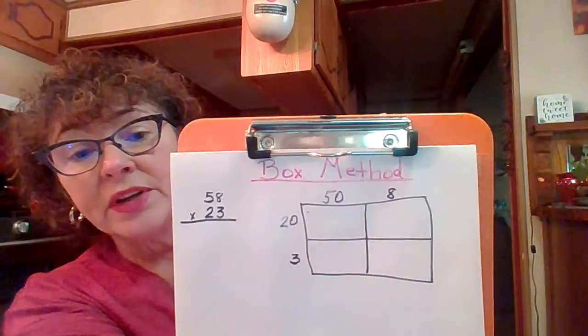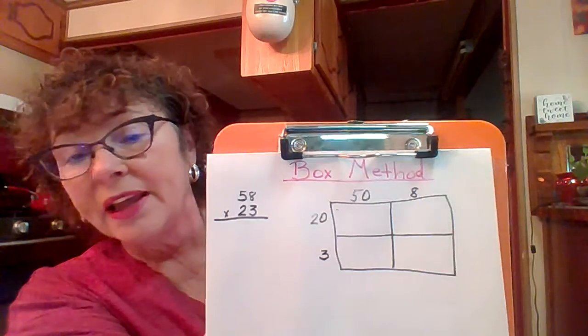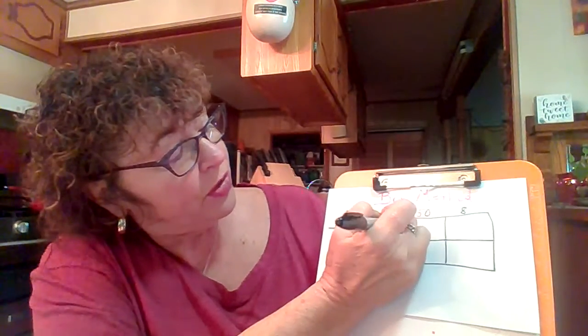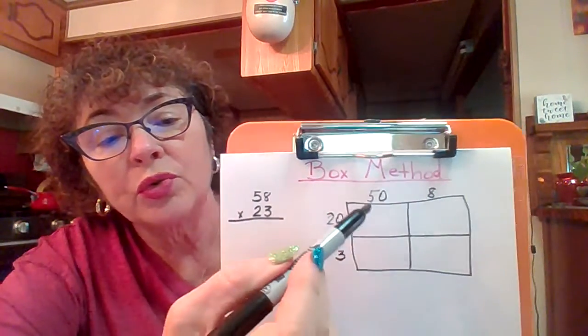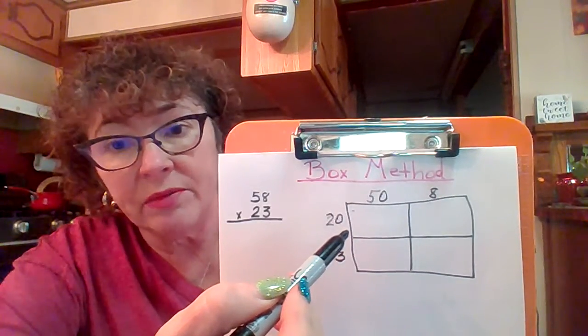Now what we're going to do is multiply each number together. So here we have 20 times 50. I don't want to mess with those zeros.